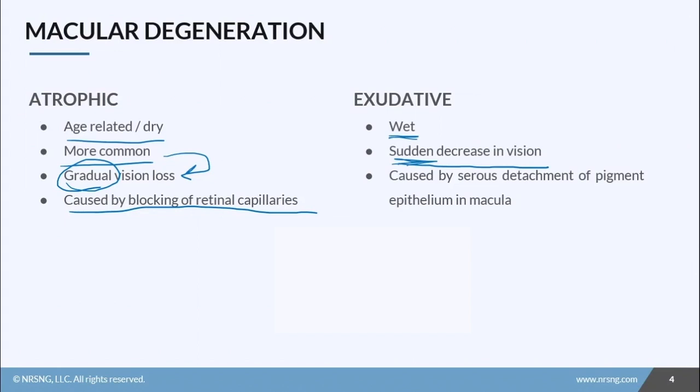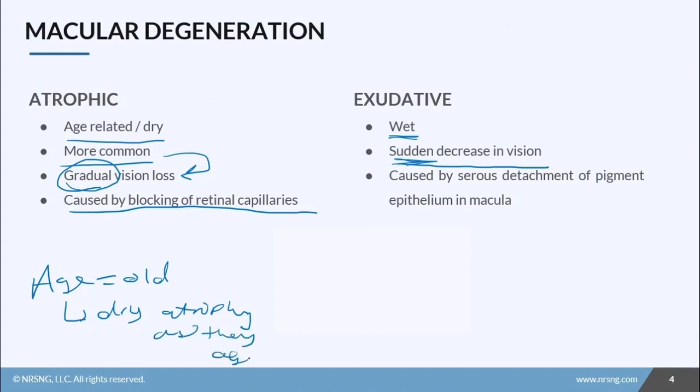Okay, so an easy way that I keep these apart: I think age-related as old. Old people can be dry, and their bodies atrophy as they age. So atrophic equals age-related.